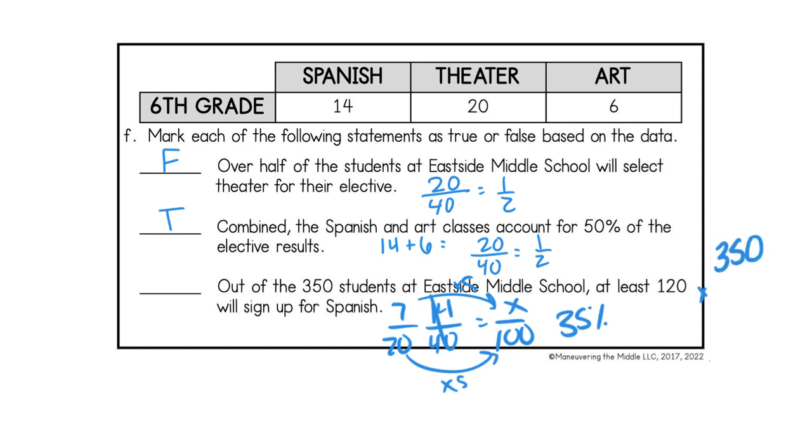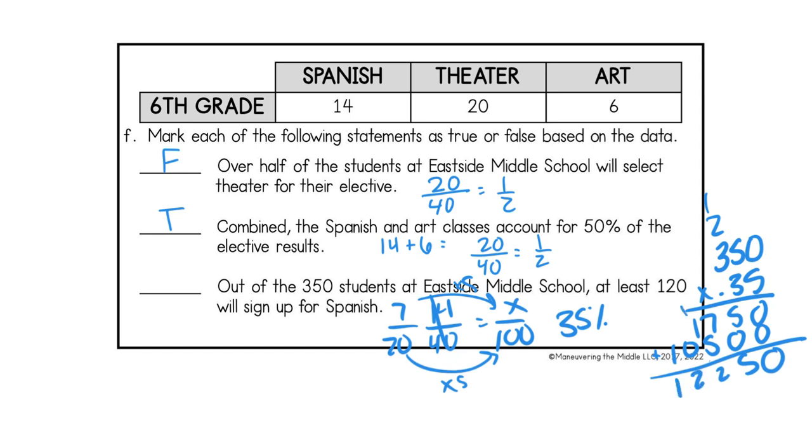You can do 350 times 0.35. And then you have two decimals. So this is like 122, 123 students, which is at least 120. So this is true. All right, take this into your journal and move on.